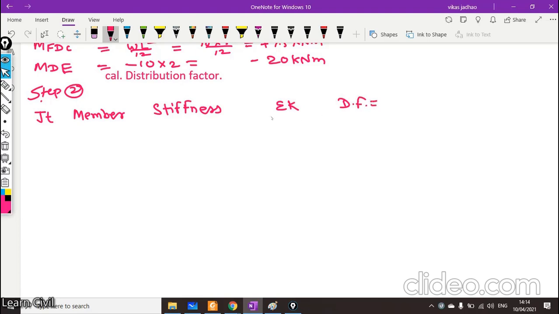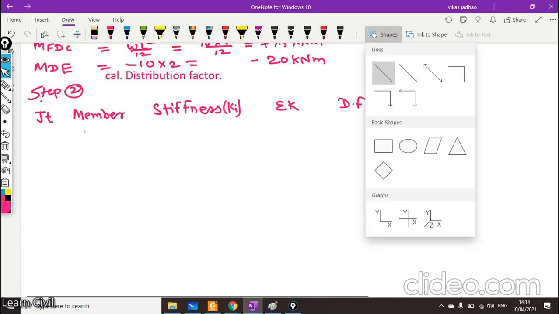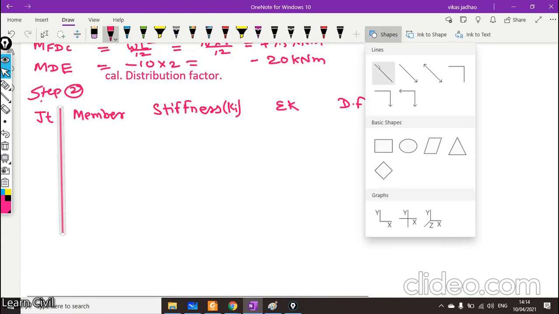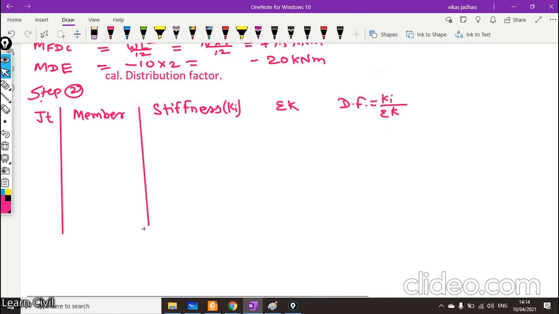Distribution factor will be Ki, the stiffness, divided by summation K. We will have to draw a table like this.